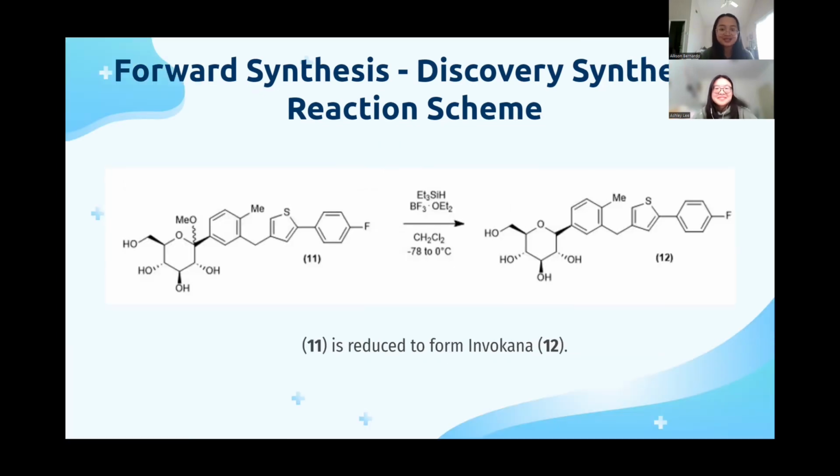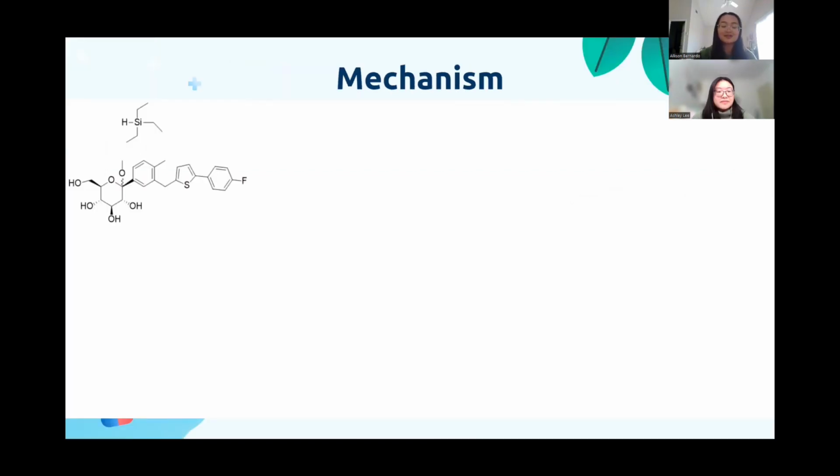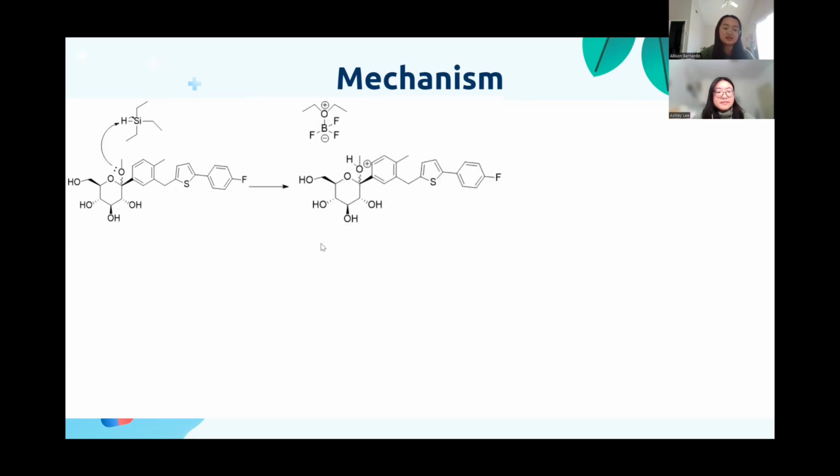The last step in this reaction scheme involves compound number 11 being reduced to form Invokana, or our drug of interest. The mechanism for this reaction is as follows. The lone pairs on the oxygen of the methoxy group right here would attack the hydrogen on the triethylsilane, which would then yield a positively charged oxygen atom.